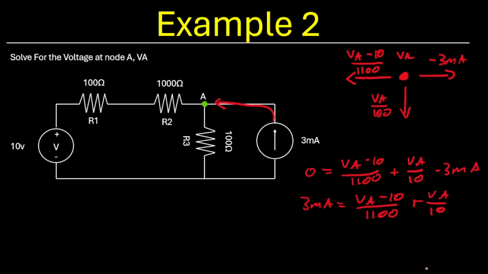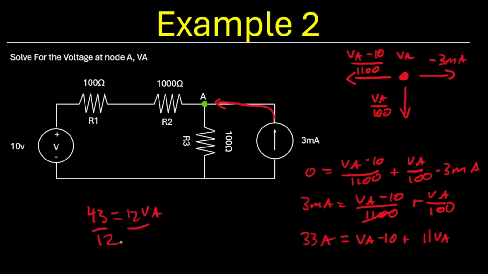Now what we can do is we can multiply everything by 1,100. Get this to cancel out, and this should be 100, not 10. So this becomes 33 amps. VA minus 10 plus 11 VA. Add 10 to both sides, we get 43 equals 12 VA.